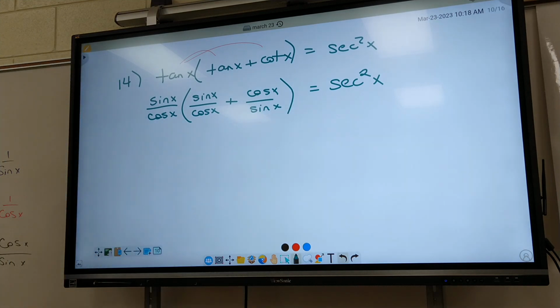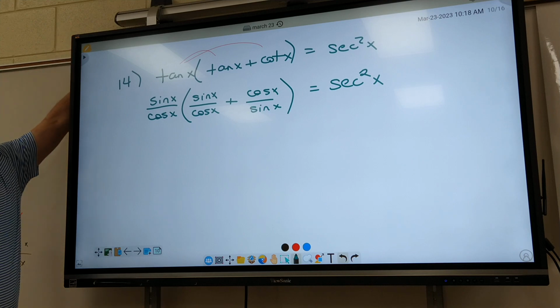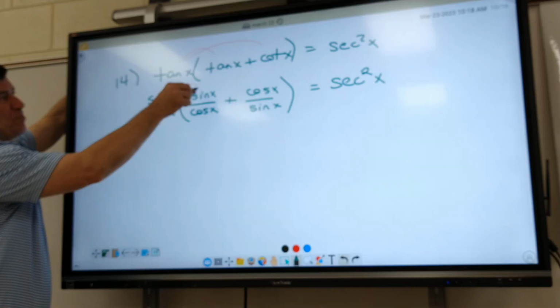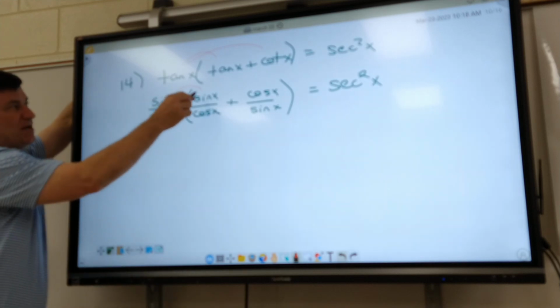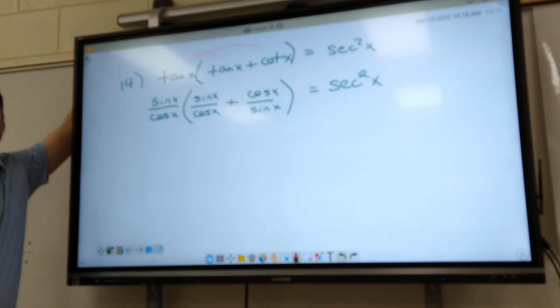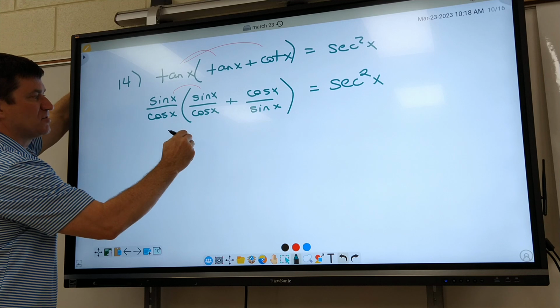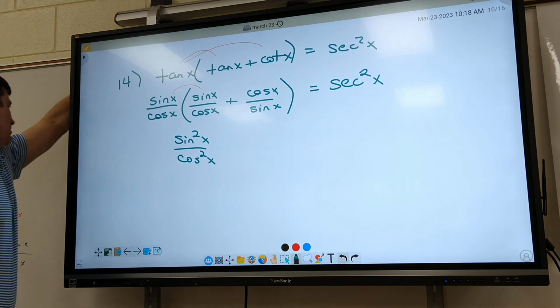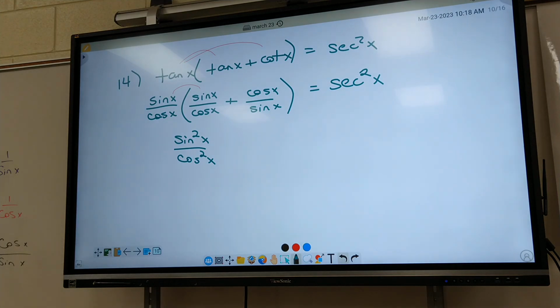All right, so I don't know if it really helps us. This is the one problem where it probably doesn't help you to change everything out. We're going to do it anyway. When I multiply these two, I get sine squared over cosine squared, right? Sine squared over cosine squared. Well, look, doesn't that just change into tan squared anyway?